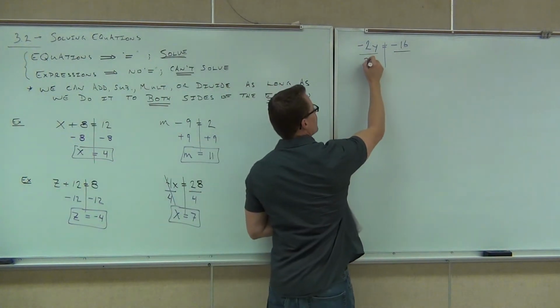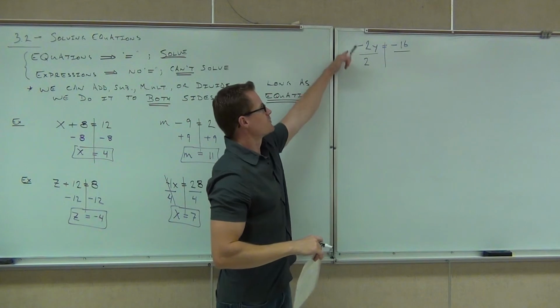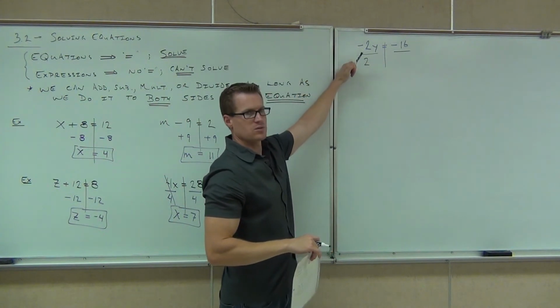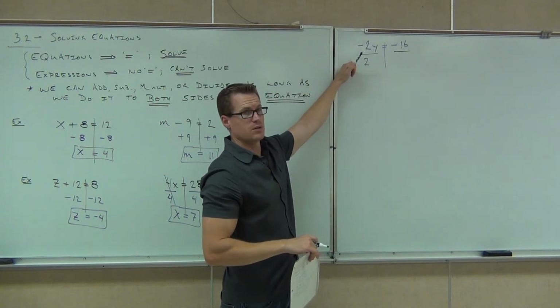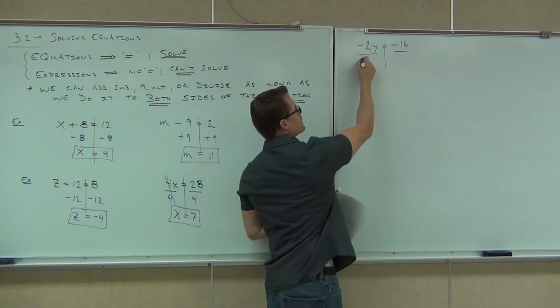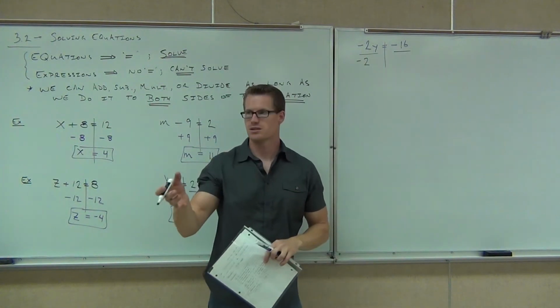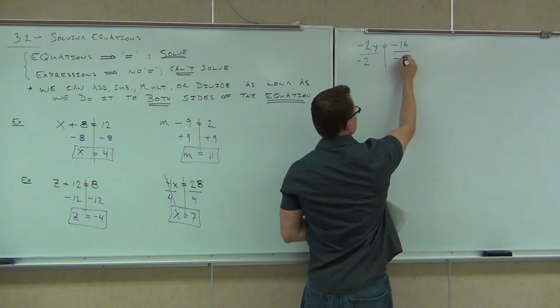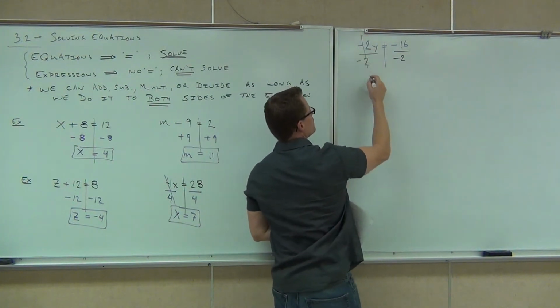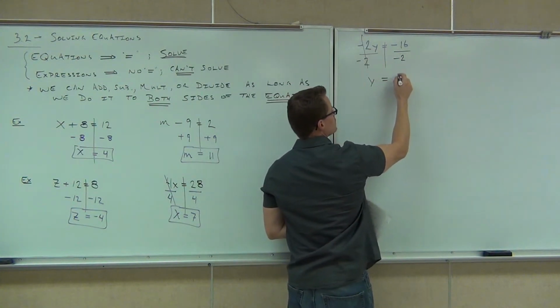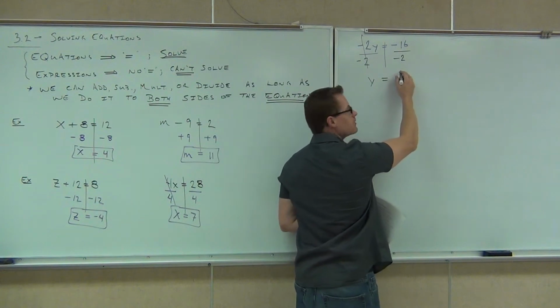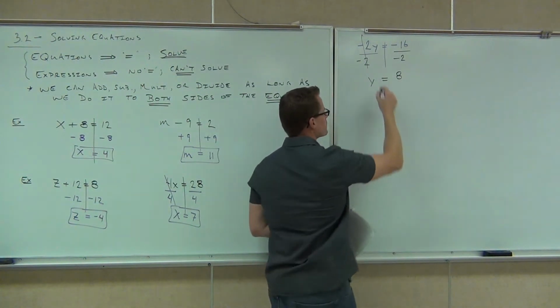If you're dividing by positive 2, what's negative 2 divided by positive 2? Negative 1. We don't want a negative, do we? No. What's a negative divided by a negative? Positive. That's going to give us what we want. And that's why you pick exactly the same thing all the time. So y equals how much? 8. Positive 8 or negative? Positive. Very good. A negative and a negative is a positive.